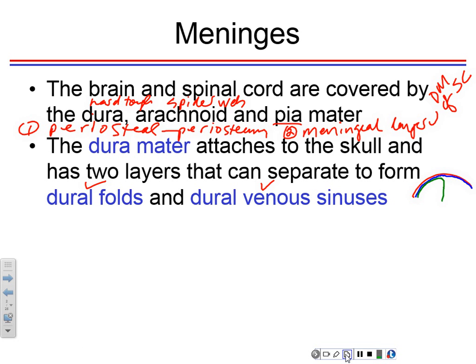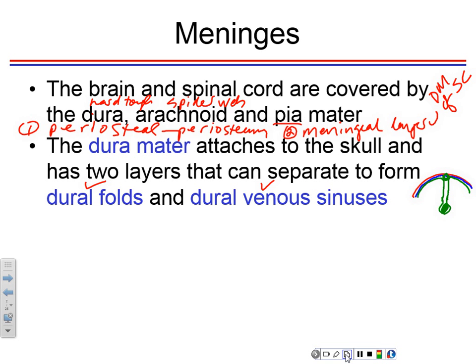So this space here is what we are calling the dural venous sinus. And blood flows in there. All the blood that is serving and supplying the brain will drain into the dural venous sinuses. And at the bottom, there's another one, and it's also called the dural venous sinus.